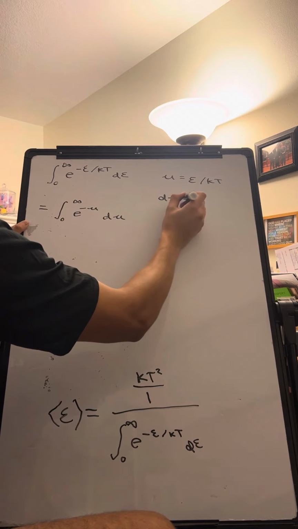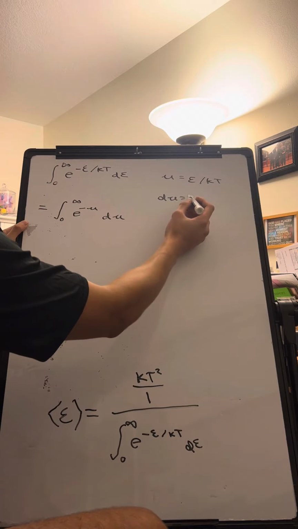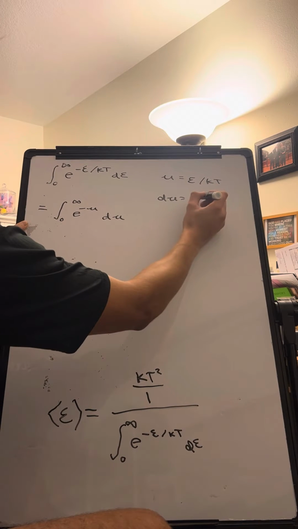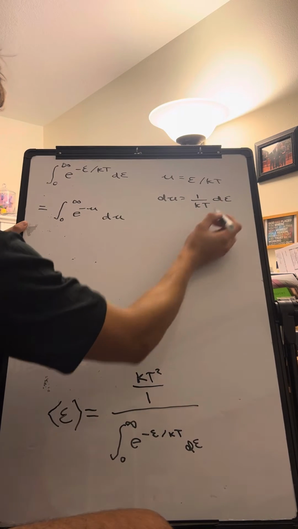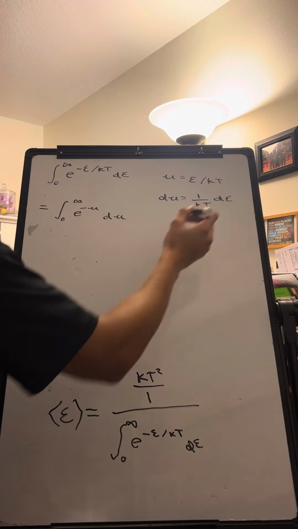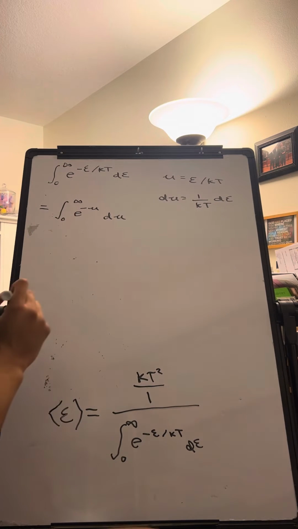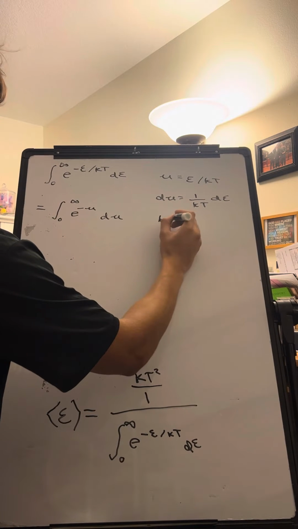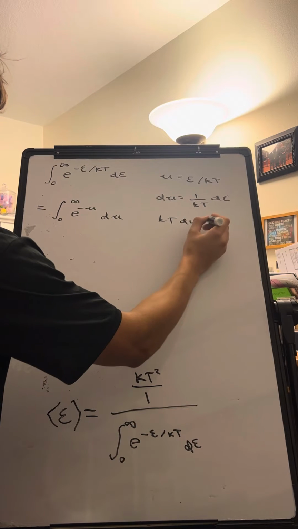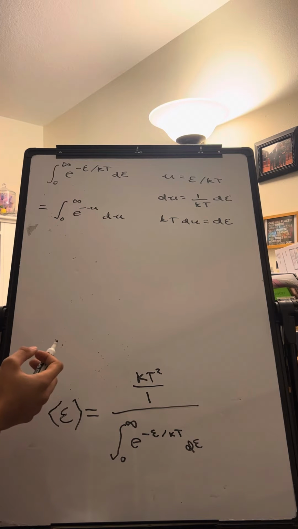That means that du is equal to the derivative of this, which is just 1 over kT. Now we want to get this to the other side, so we multiply kT by both sides. So d epsilon is equal to kT du.